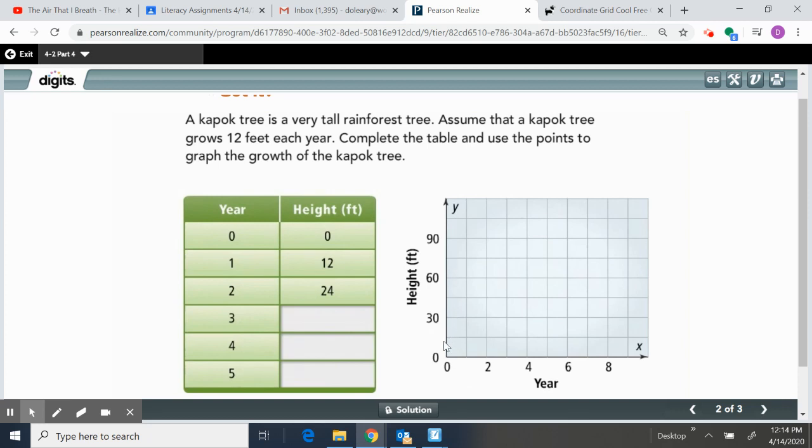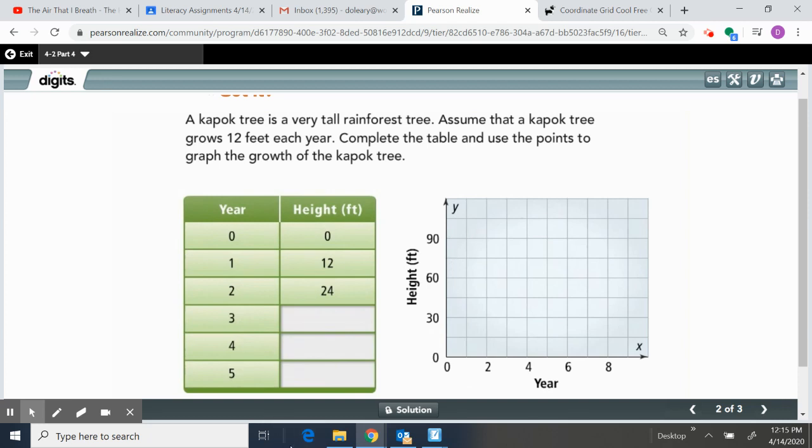So I think it's going up by 15. Let's see if that makes sense. 0, 15. What's 15 plus 15? 30. What's 30 plus 15? 45. What's 45 plus 15? 60. What's 60 plus 15? 75. What's 75 plus 15? 90. So there I go.